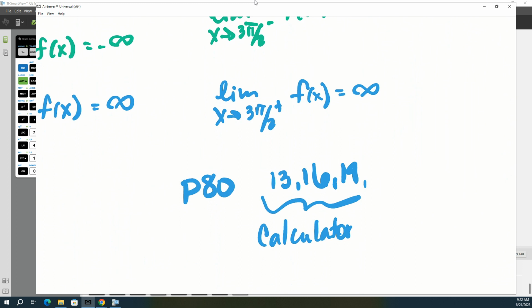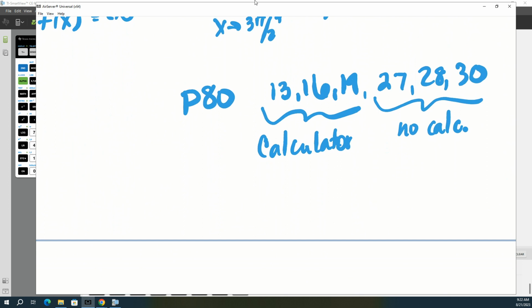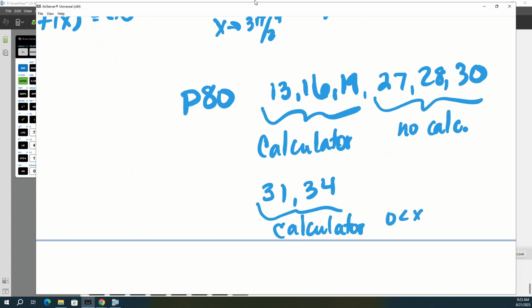All right. 27, 28, and 30 are no calculator questions. And then 31 and 34 are calculator. And I want you to shorten the domain to just between 0 and 2 pi.